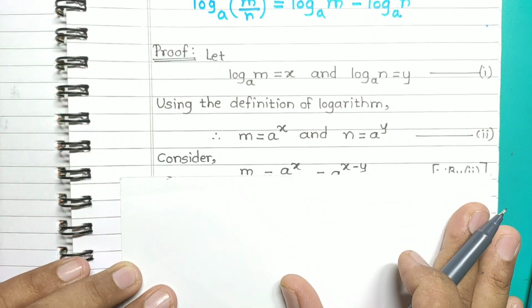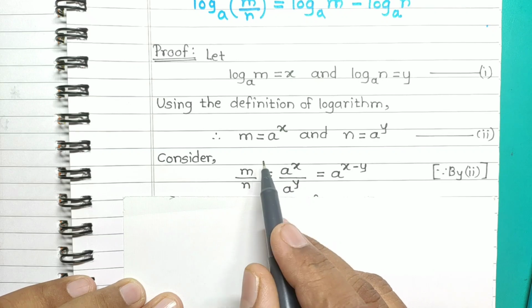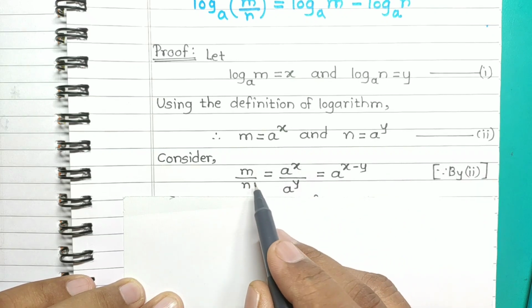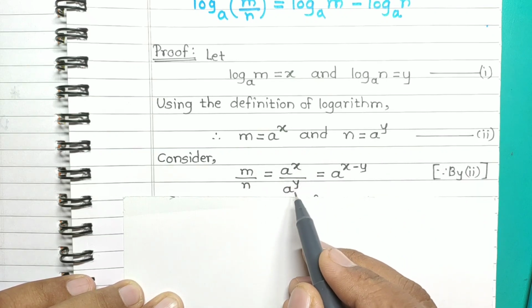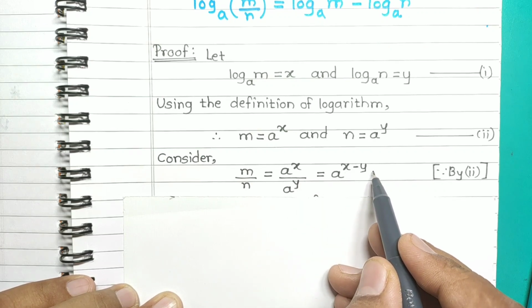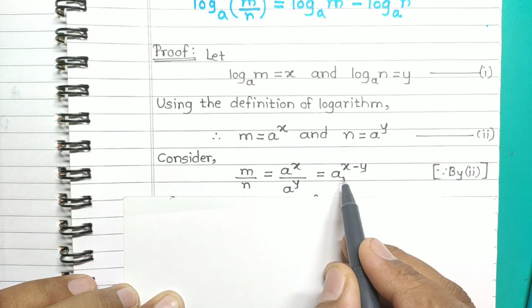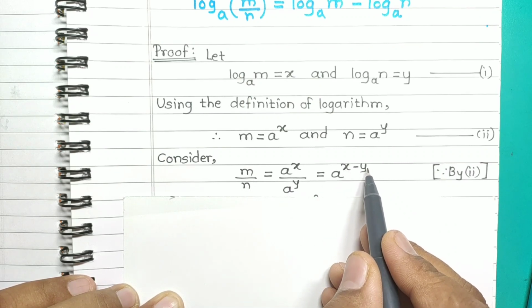Then consider this division m by n, this quotient. From equation 2 we can write it as a raised to x upon a raised to y, which is equal to a raised to x minus y. So we have m by n is equal to a raised to x minus y.